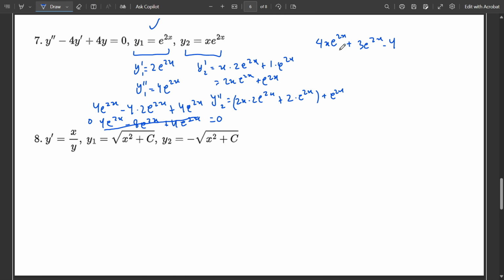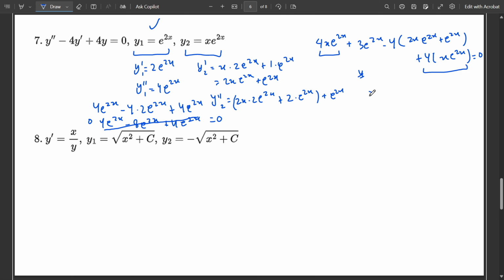Plus 3e to the 2x, okay, minus 4 times y prime. Our y prime is 2x e to the 2x plus e to the 2x, okay, and then plus 4y, which is x e to the 2x. Okay, does that equal 0? We need to simplify this more. Wait, this is actually 4 times x e to the 2x. We can combine this and this.